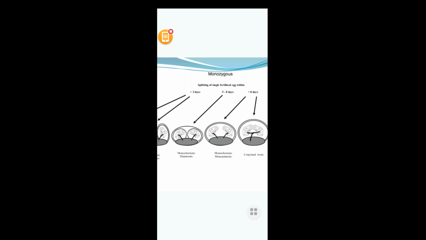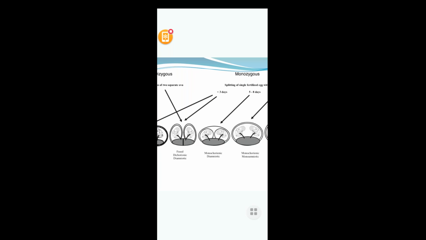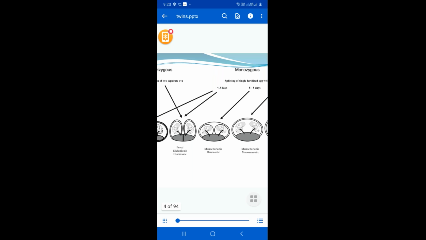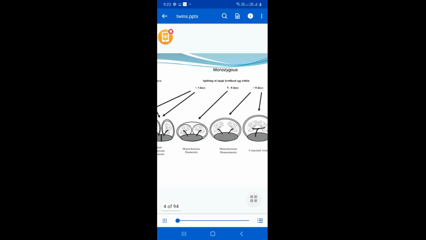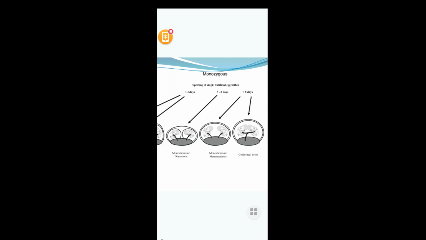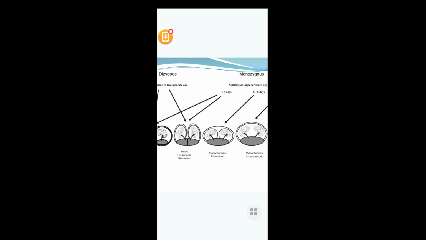If the splitting occurs in less than 3 days, then it will be dichorionic, diamniotic. If it occurs between 5 to 8 days, then it is diamniotic but monochorionic. If it occurs more than 8 days, it will be monochorionic, monoamniotic, or after 12 days, it is conjoined twins. Why is there a difference between chorionicity and amnionicity in monozygous?